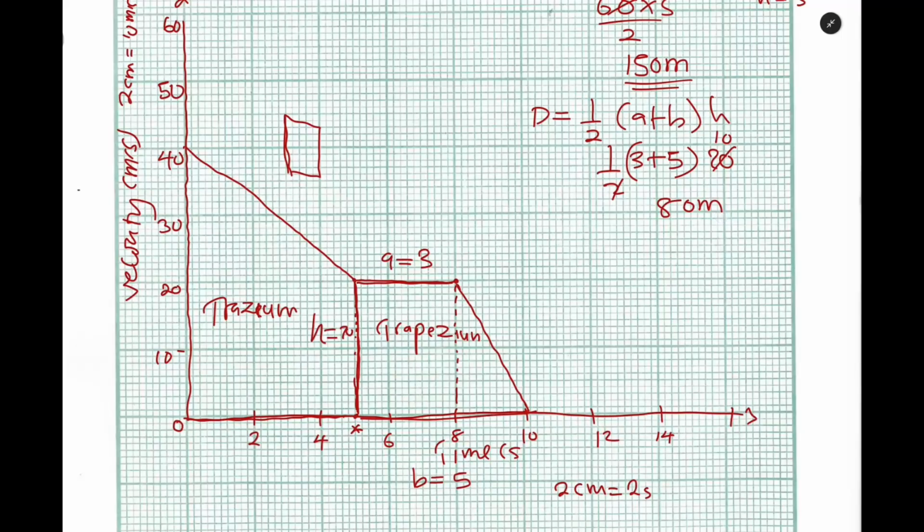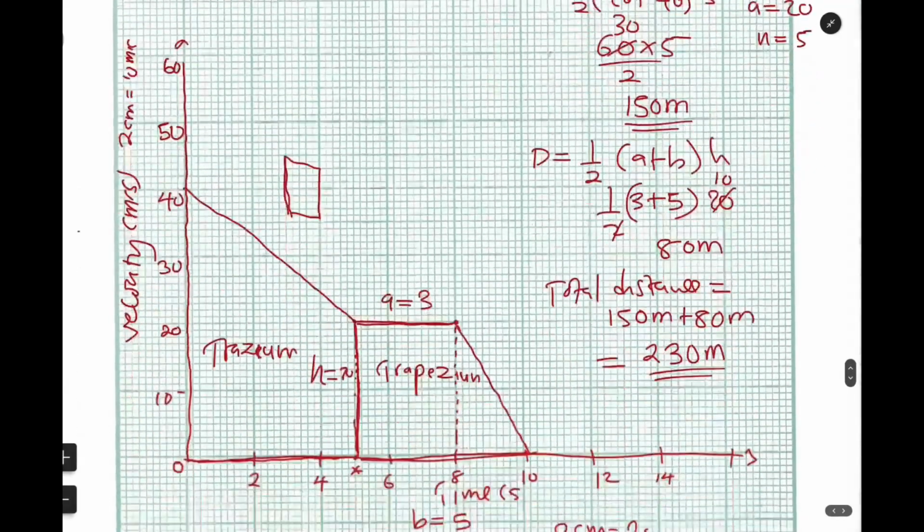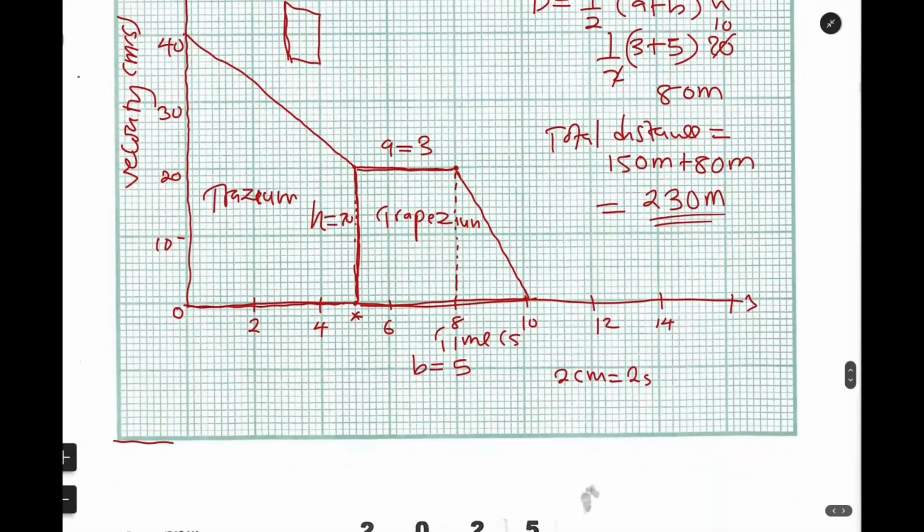This is what we are going to add now. So total distance is equal to 150 meter plus 80 meter, and this gives us 230 meter, if I'm not mistaken. So that is how you find this distance.